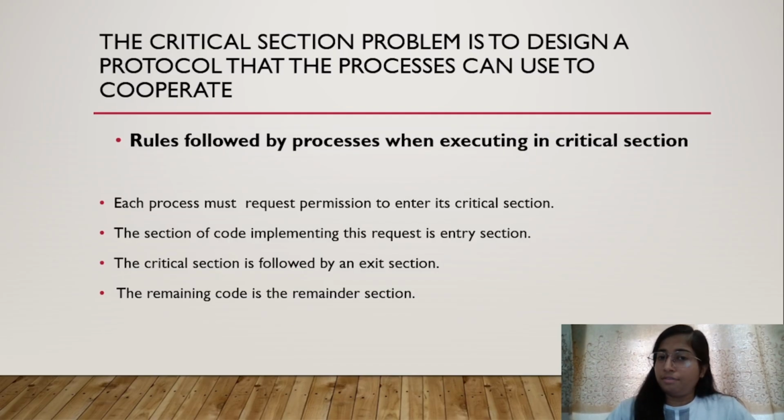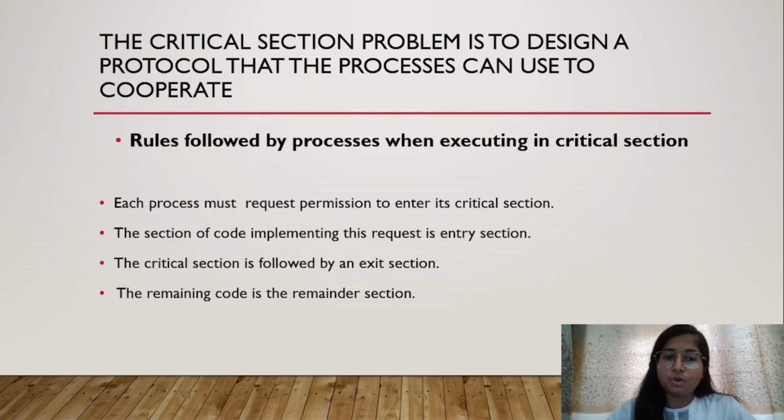If the CPU grants the request, then the process can execute its task, and if not, it has to wait. If the CPU does not grant the permission, it means some other process is executing in its critical section. That's why the CPU does not grant permission to the requesting process.